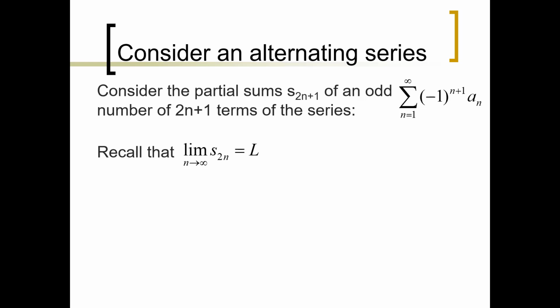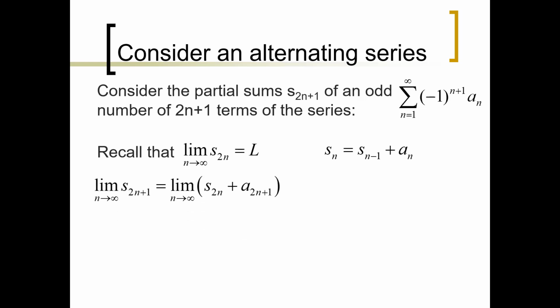So I have to take the limit of S sub 2n plus 1 and show you that that is L. Remember though, always for the partial sum in general, S sub n, the sum of the first n terms, is equal to the sum of the first n minus 1 terms, that would be S sub n minus 1, plus the term I have not yet added, the nth term, which would be a sub n.